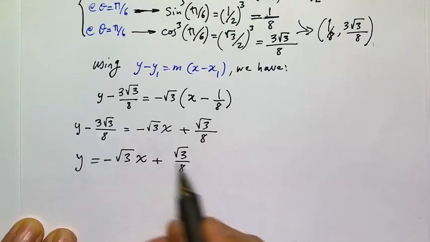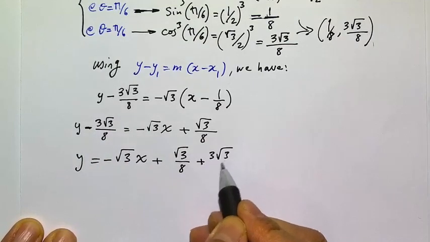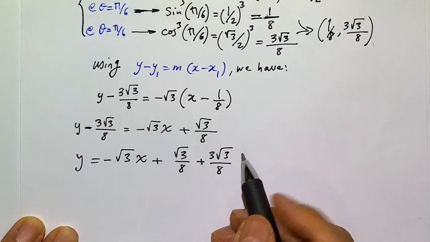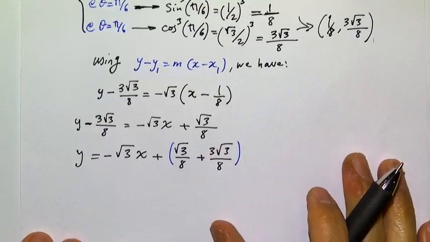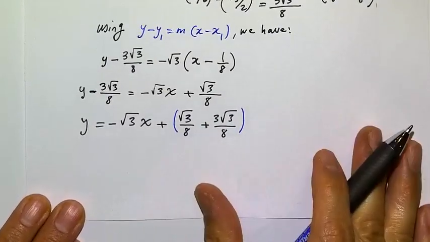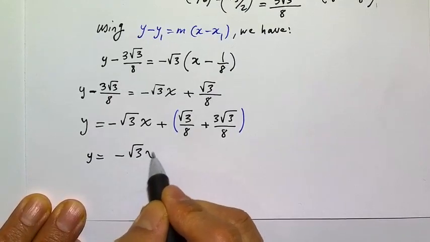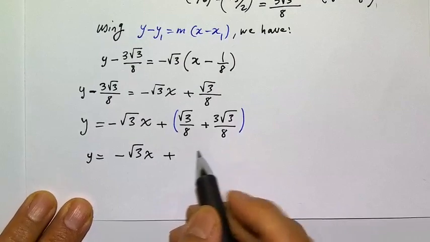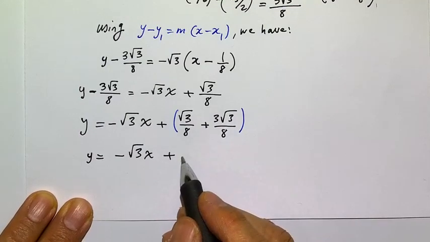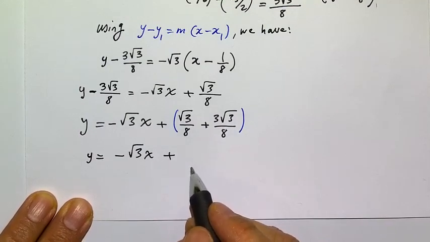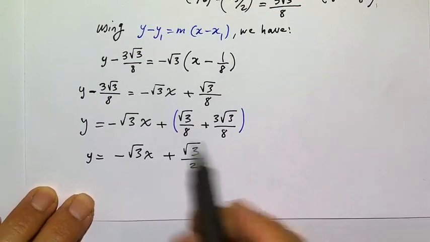Moving this, the minus becomes positive. And of course, these two we can combine. So let's do that, and we get y equals minus square root of 3x plus 4 square root of 3 over 8, which then simplifies to just square root of 3 over 2, after we combine and simplify.